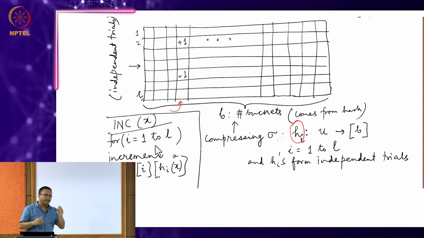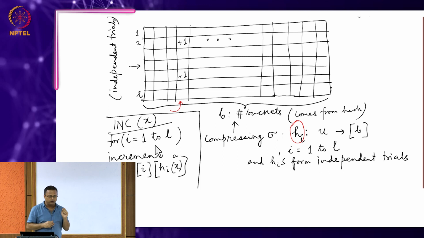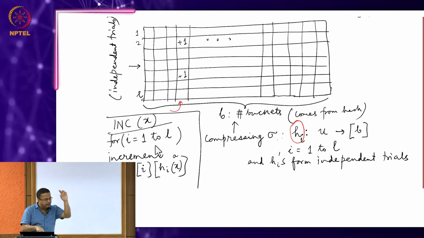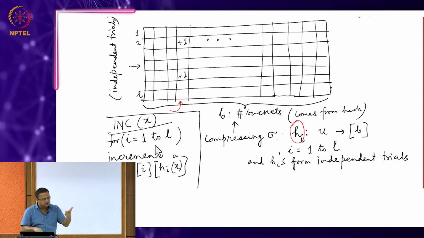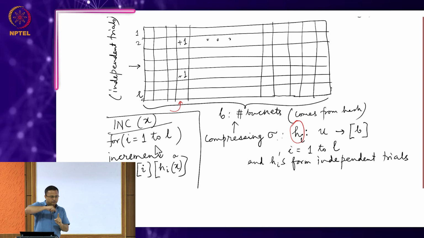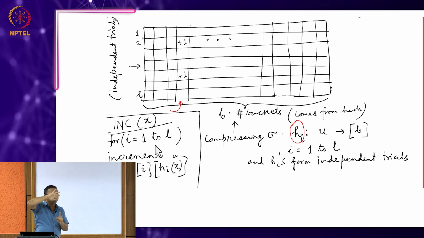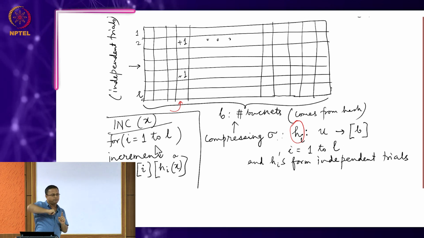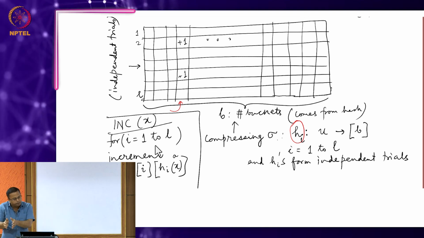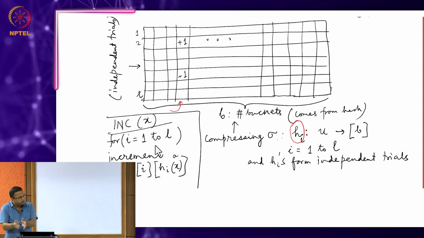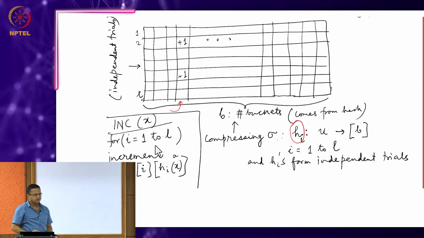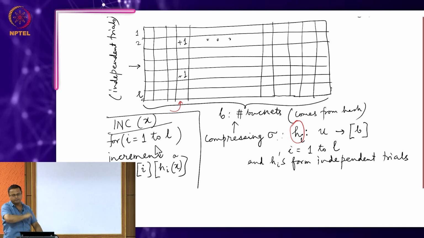When this A came in the stream, you made L independent hashes of this A. It went to some location in the bucket, and wherever there was a plus 1, you incremented them. Then some B came, it also went through and added things in the array, and this kept on happening.